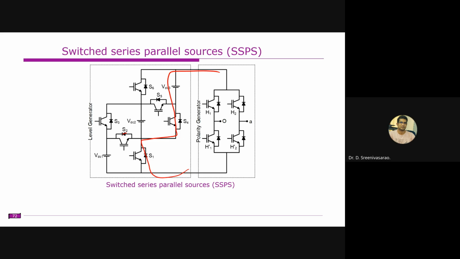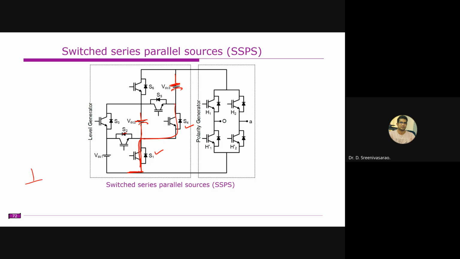Now also you turn on 2 switches. Another interesting thing here is that we can replace these with capacitors. And if you turn on the switches S1 and S5, what happens is that this point is connected to this, and this point is connected to this.